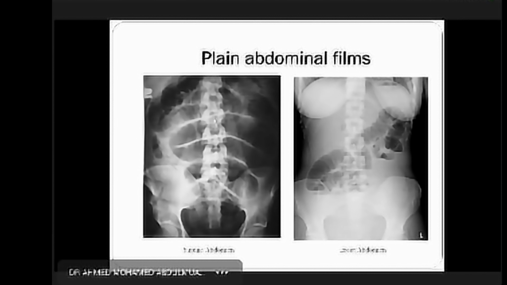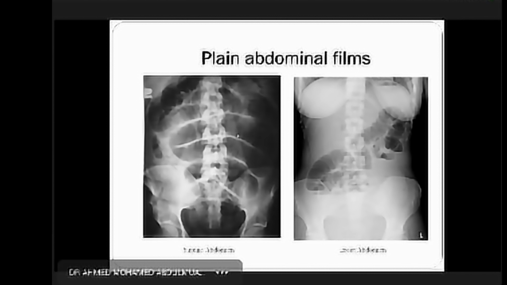We can see the distribution, whether it is centrally or peripherally located. So this is small bowel obstruction in supine: more than 3 cm, centrally located, presence of valvulae conniventes. So it can easily be made out that this supine abdominal graph shows a small intestinal obstruction.